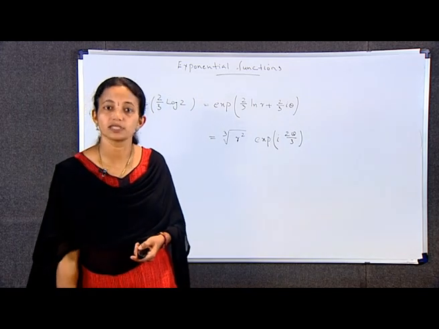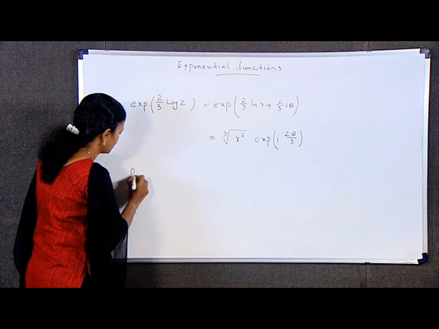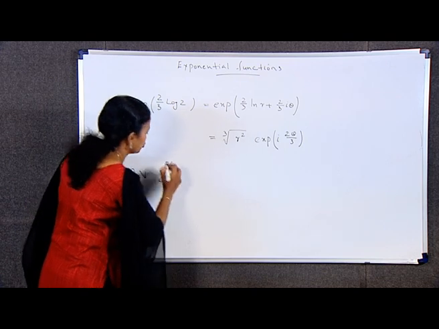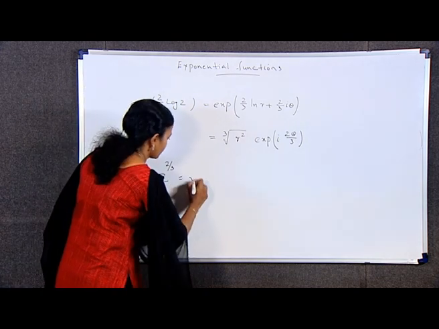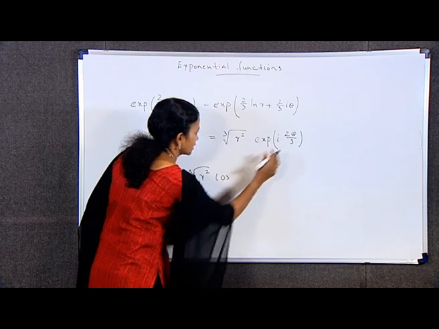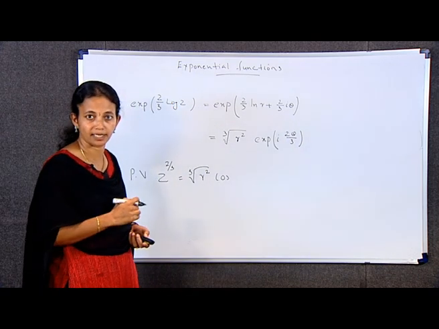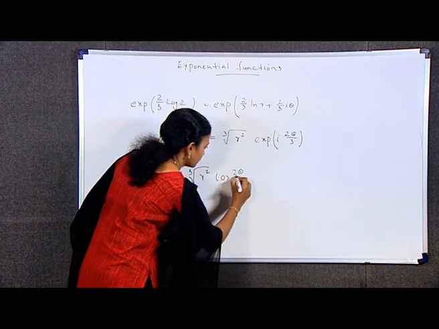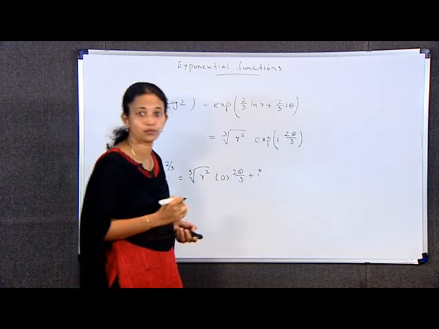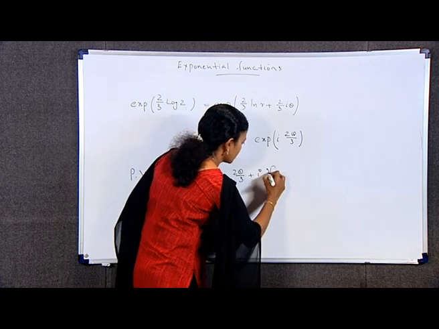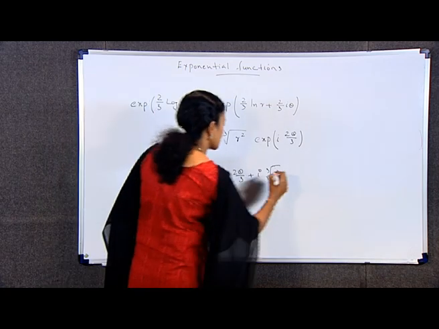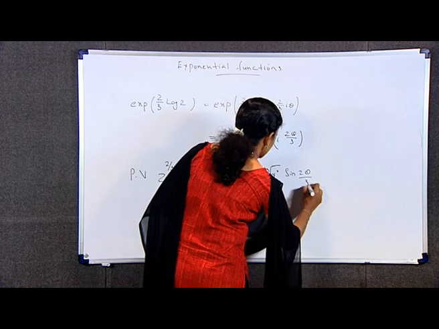Thus, the principal value, I can write PV, of z raised to 2 by 3 is equal to cube root of r square into exponential I 2 theta by 3, which I can write as cube root of r square into cos 2 theta by 3, plus I into cube root of r square into sin 2 theta by 3.